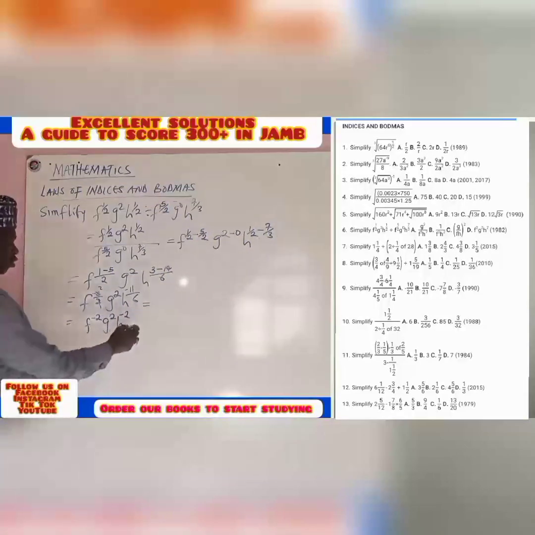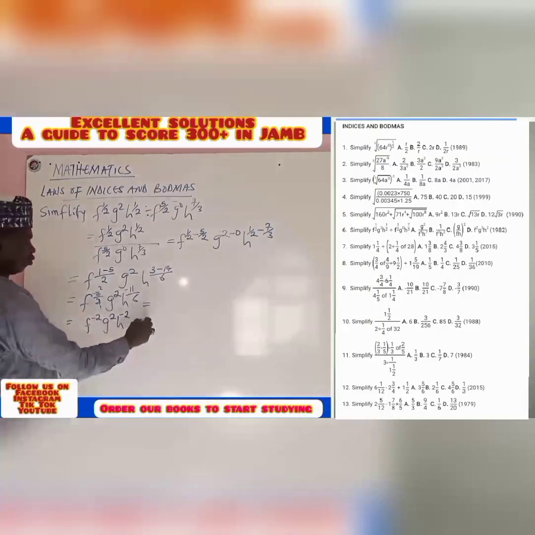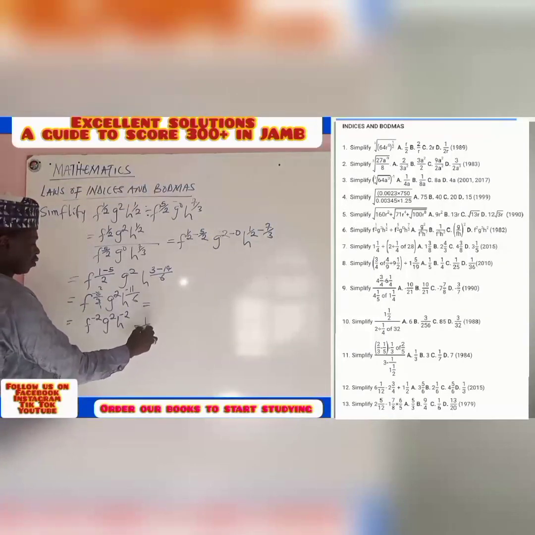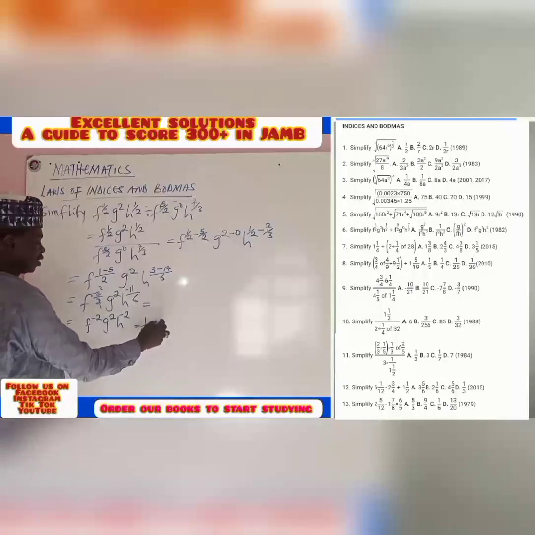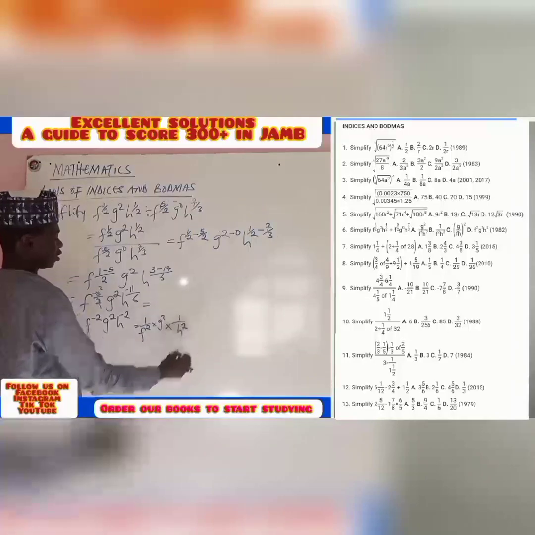By the laws of indices, anything with a negative power is 1 over that thing with the power. So this is the same as 1 over F square, times G square, times 1 over H square.